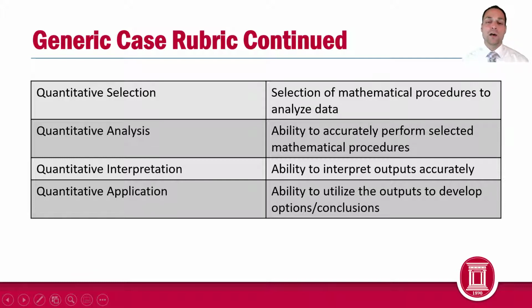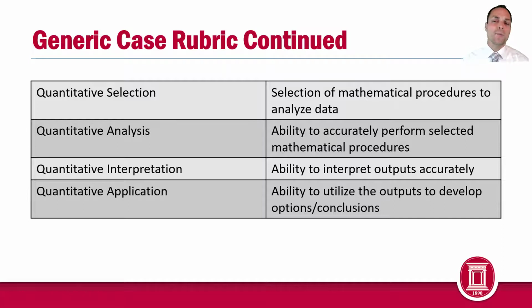Now, even these quantitative options will differ depending upon what we're looking at. For example, if we're doing a statement analysis, then what are we going to be looking for? If we look at that first one, quantitative selection, you needed to analyze a firm. Did you do a vertical common size statement and a horizontal common size statement analysis? Did you do ratio analysis?